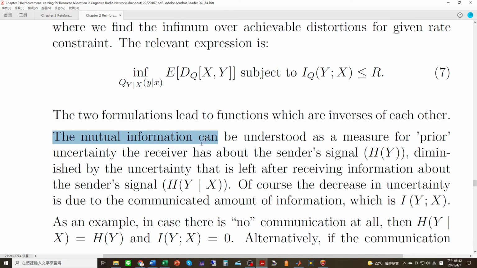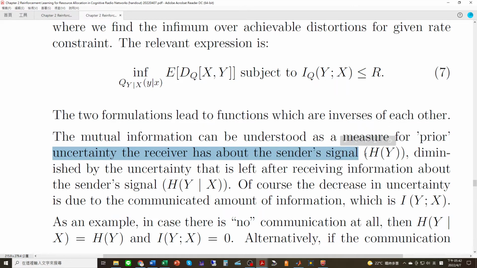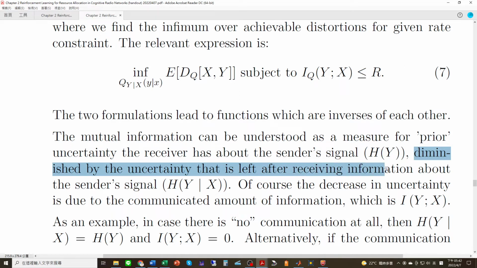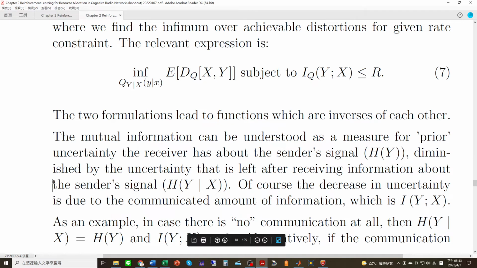The mutual information can be understood as a measure for the prior uncertainty the receiver has about the sender's signal, that is h(Y), the entropy of the output signal Y, where entropy means the uncertainty or randomness of a random variable, diminished by the uncertainty that is left after receiving information about the sender's signal, that is h(Y|X).